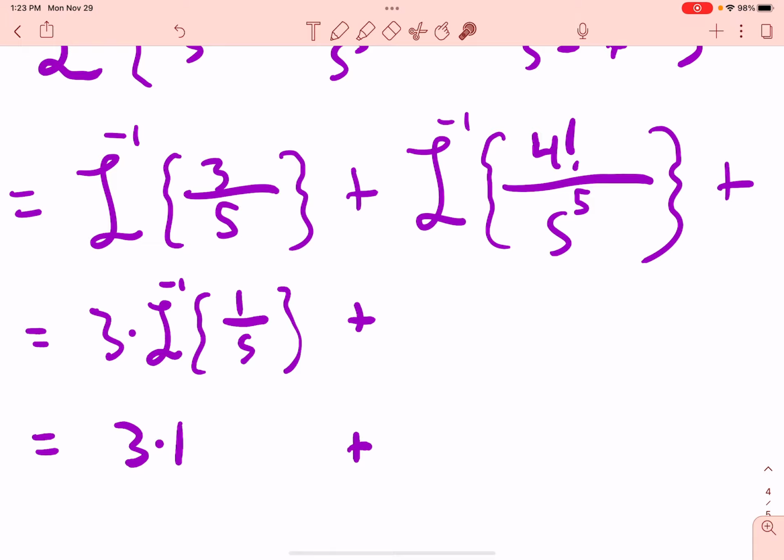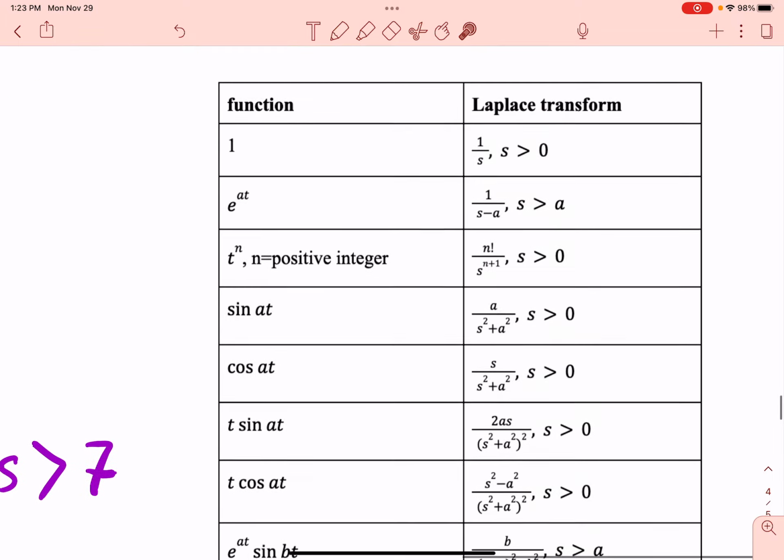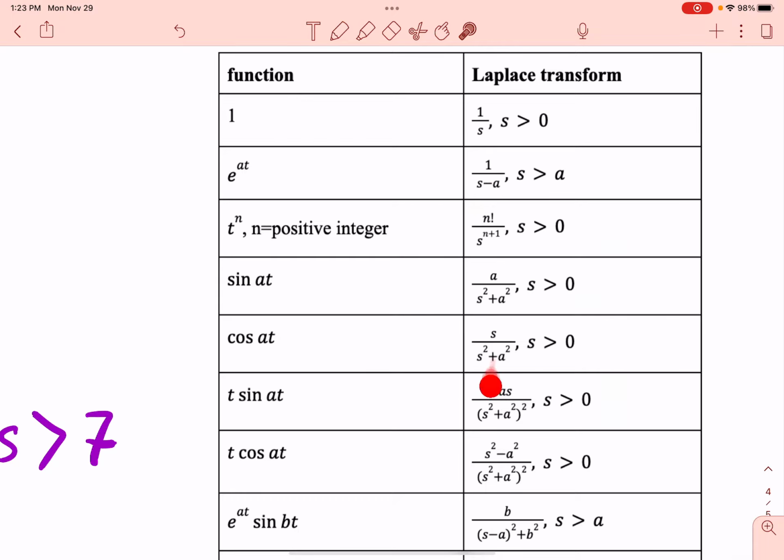4 factorial over s to the 5. Well, if we go ahead and look through our table for this one, it looks like the one that has a factorial on the top and s to a power on the bottom is here. And the thing you'll notice is that the n, the number that's in the factorial at the top, is 1 less than the power on the bottom. And since we have 4 factorial on the top and then s is to the power 5, that tells us that n must equal 4.